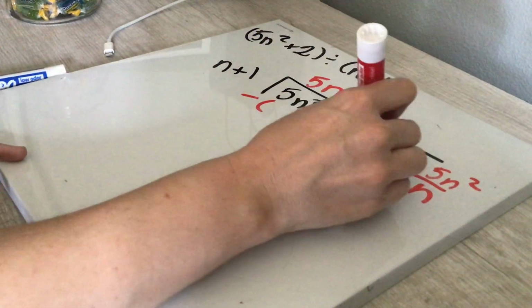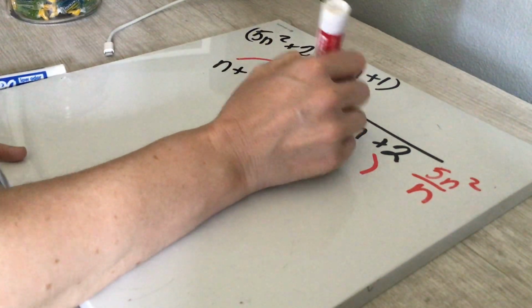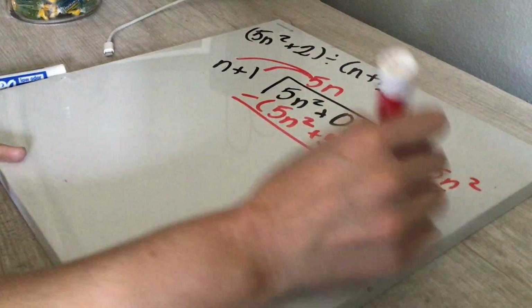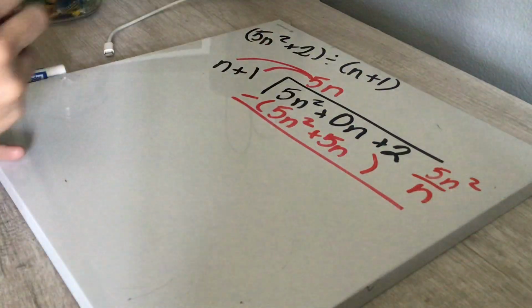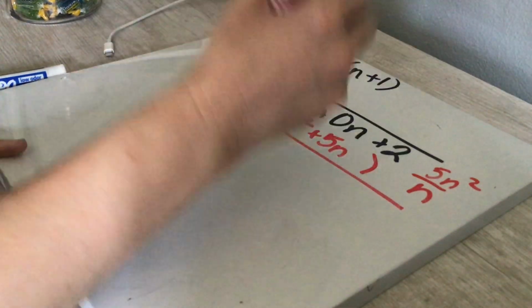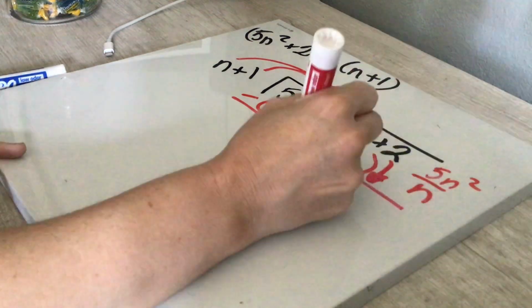Then we subtract the product. So 5n times n is 5n squared. 5n times 1 is 5n. So you get 5n squared minus 5n squared is 0. 0n minus 5n is negative 5n. And you bring down your 2.